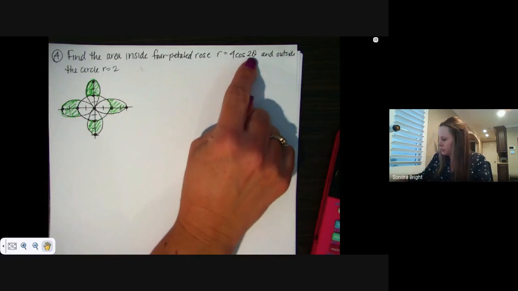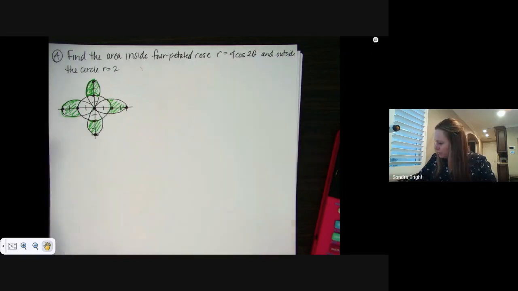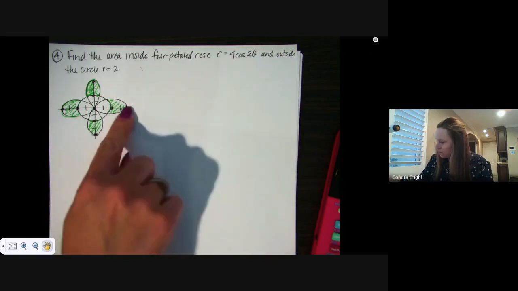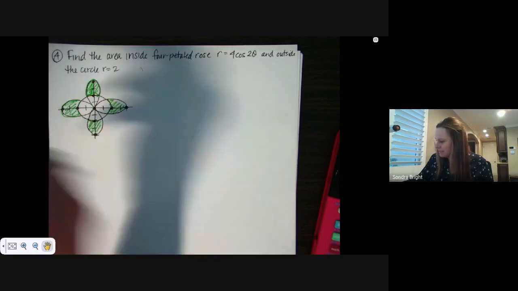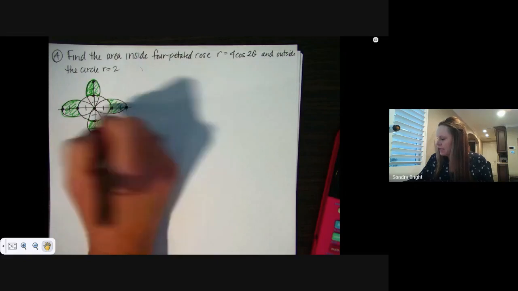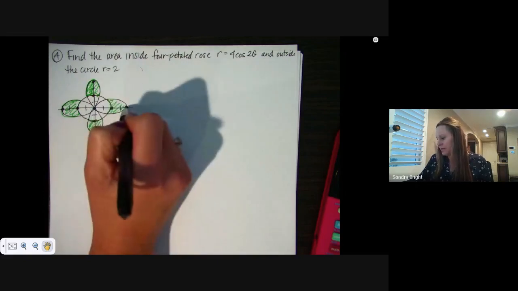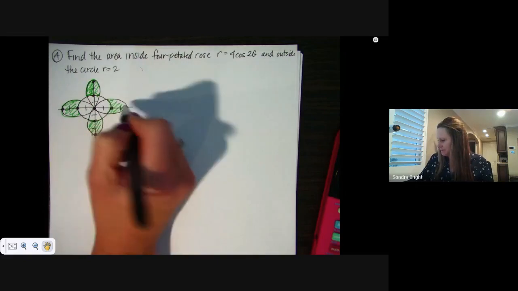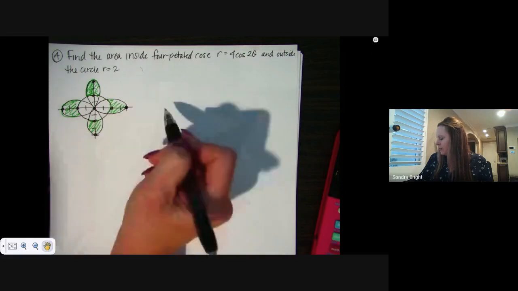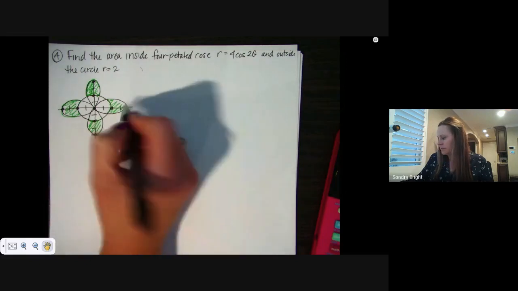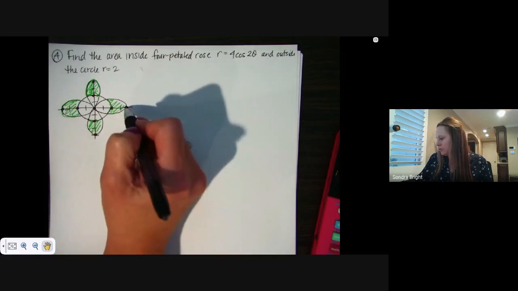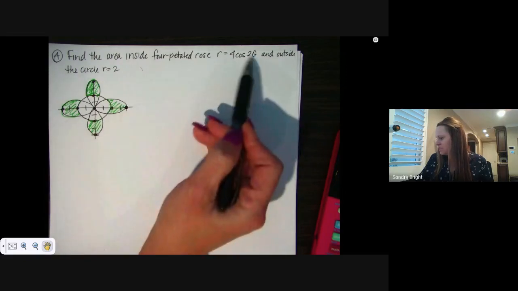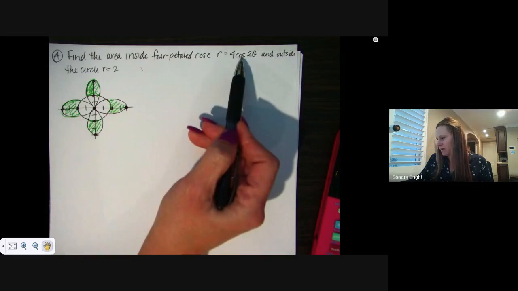So you really do start your first point here. When theta is 0, your R is 4. And then, which way does it generate? How about pi over 2? At pi over 2, you would have cosine of pi, which gives you -1.